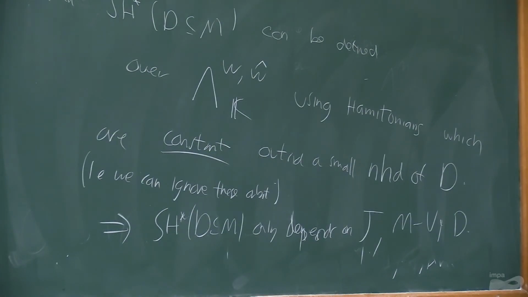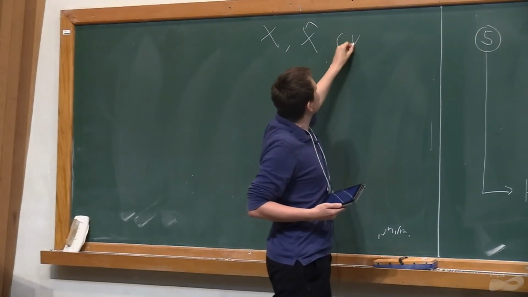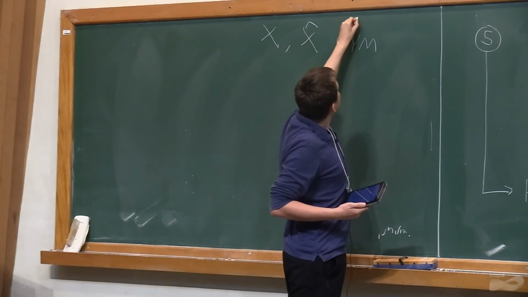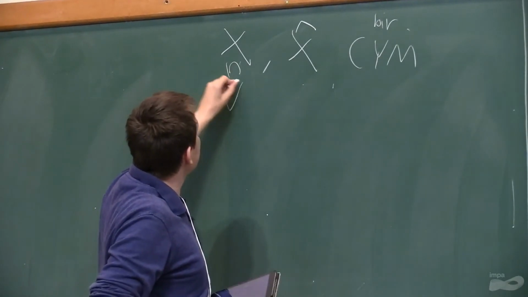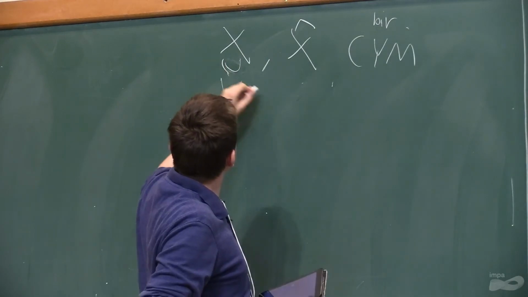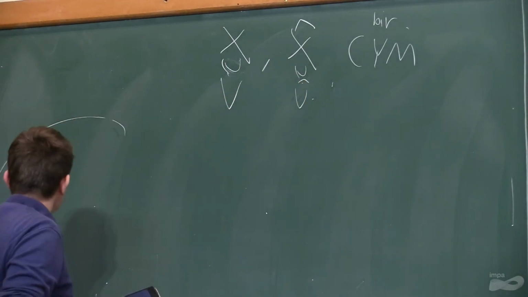We have these birational Calabi-Yau manifolds, X and X hat. And I have V inside X and V hat inside X hat as before.